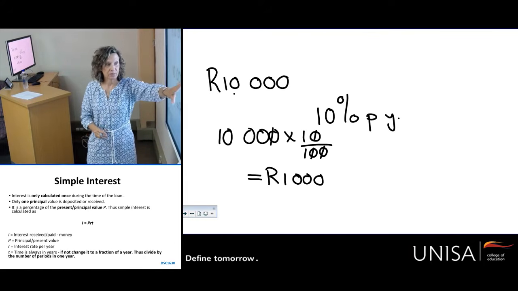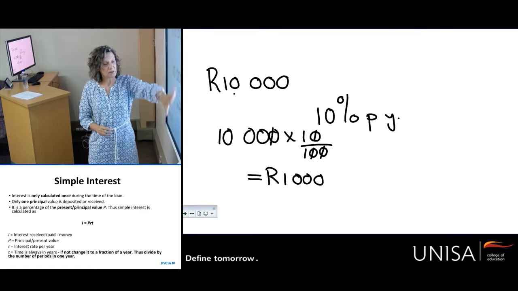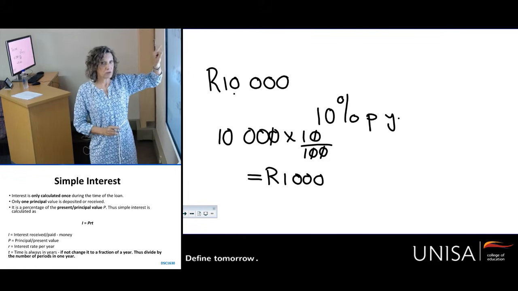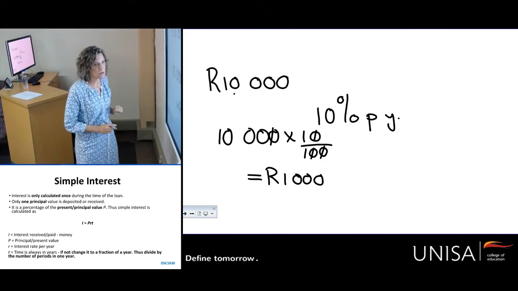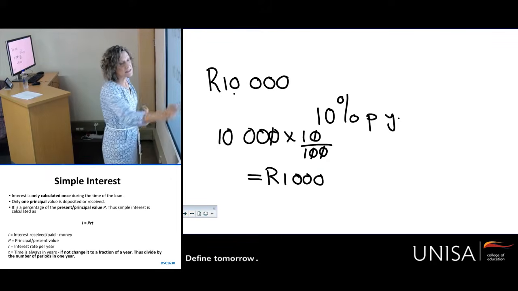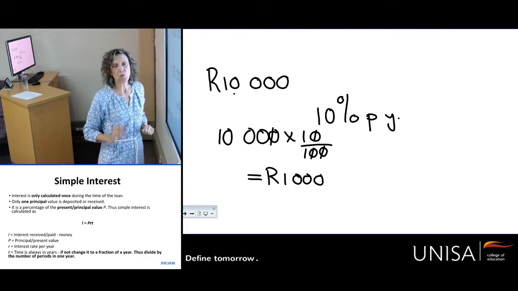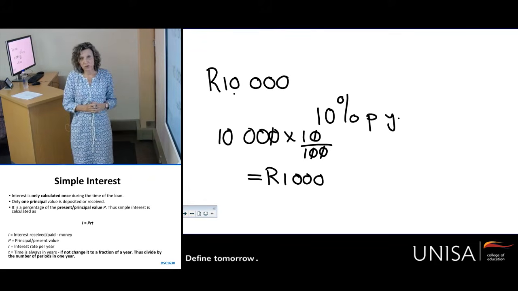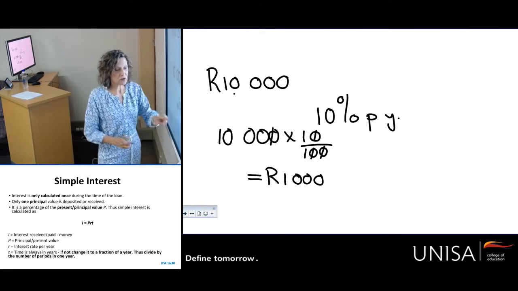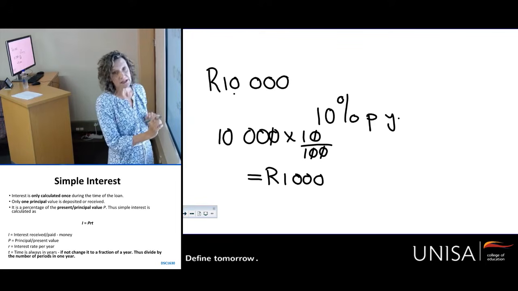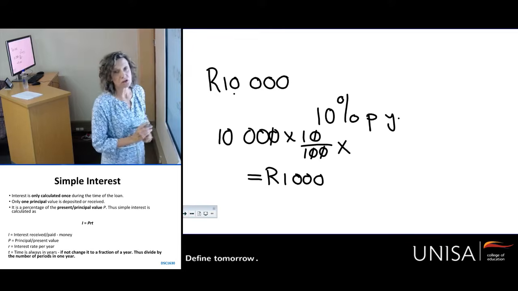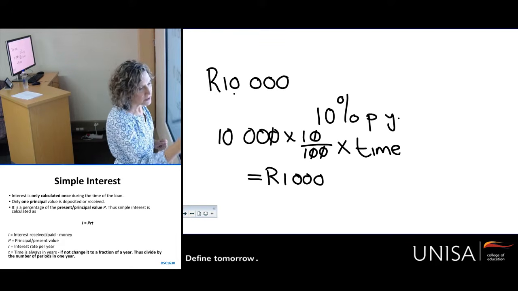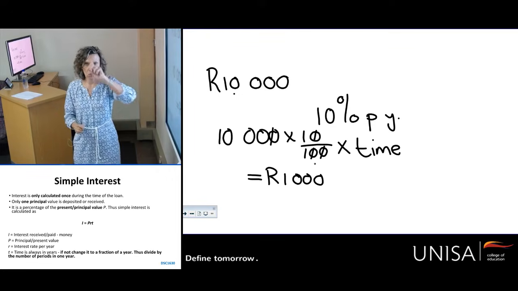So the 10%, your interest percentage, is calculated using your principal value that you've borrowed or invested into the bank account. This is easy enough if it was for 1 year. But what if it's for a longer or shorter period? You've also got to add the time period, because the interest is for 1 year.